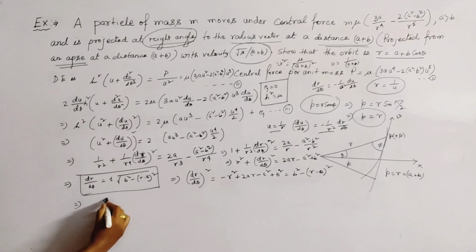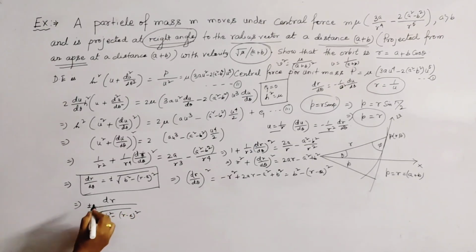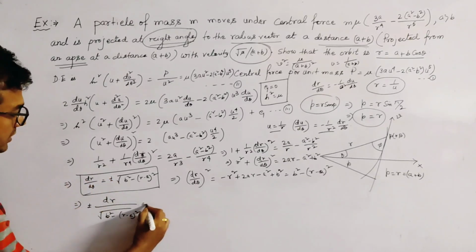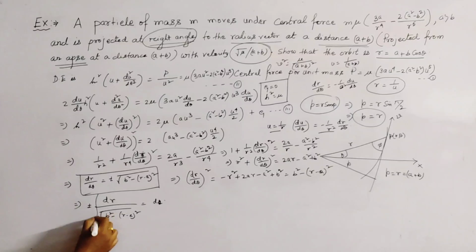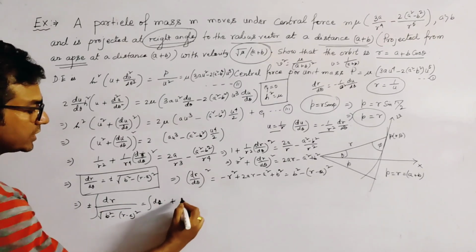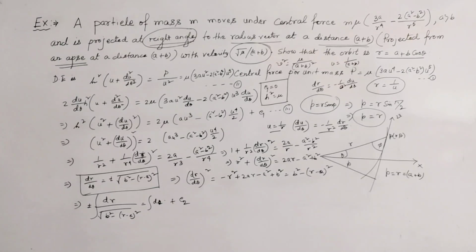Now we get dr by root b square minus r minus a whole square, we take the plus minus to this side, equal to d theta, and integrating both sides, here there will be another constant. This is said to be C2, the integrating constant.